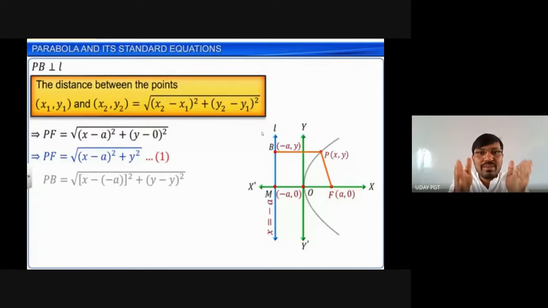Usually we take four parabolas here, with the focus on either the x-axis or the y-axis. An x-axis focus is a comma 0, and then the directrix will be x equals minus a. When the directrix is x equals minus a, we form the equation of the parabola.